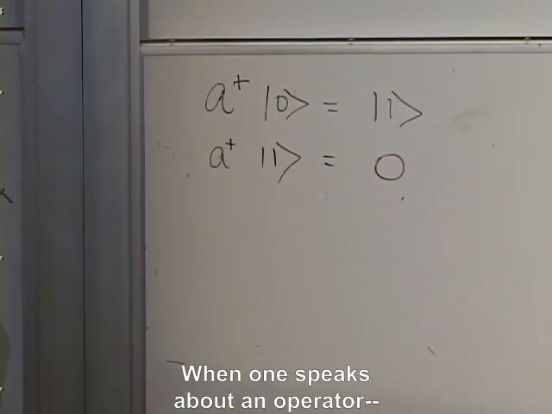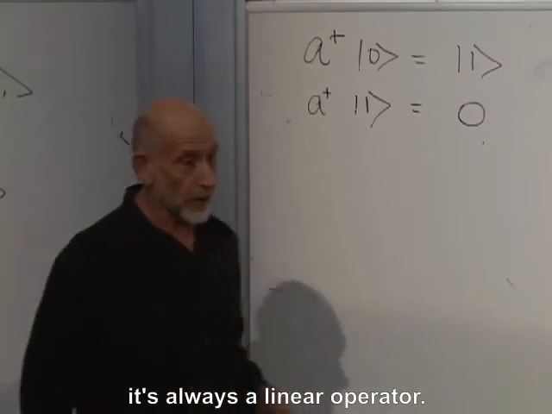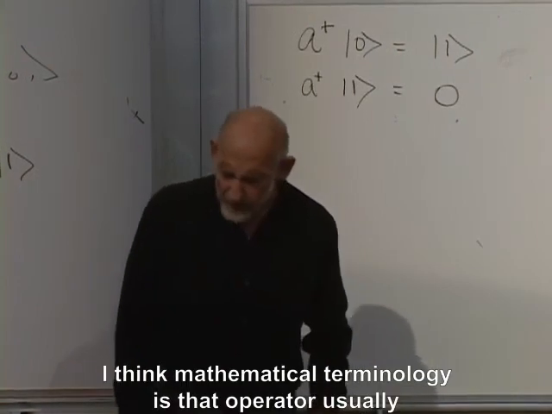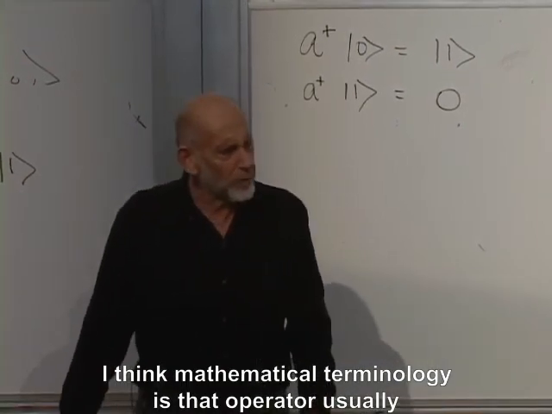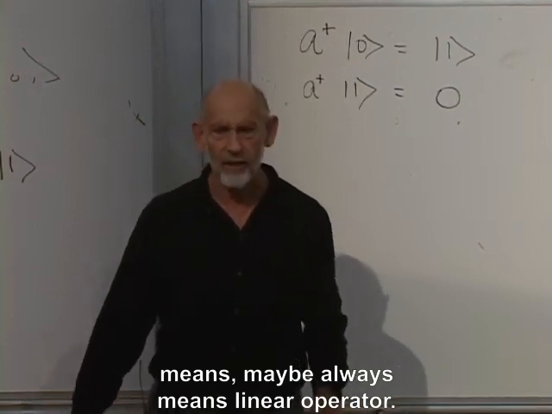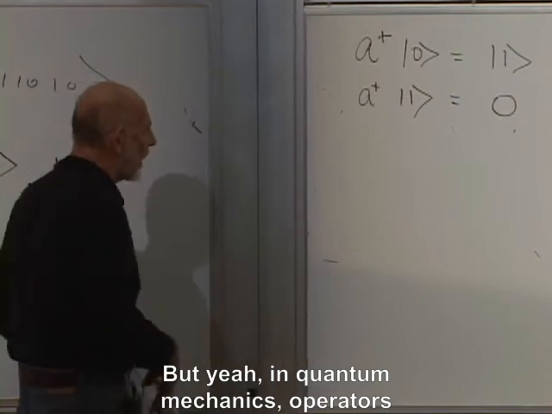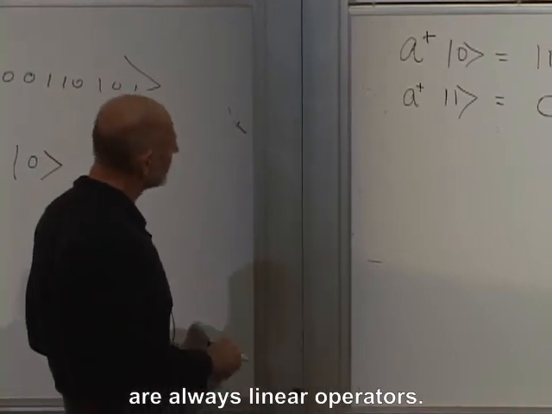When one speaks about an operator, especially in quantum mechanics, it's always a linear operator. I think the mathematical terminology is that operator usually means linear operator, and otherwise it's an operation, but I'm not sure. But yes, in quantum mechanics, operators are always linear operators.